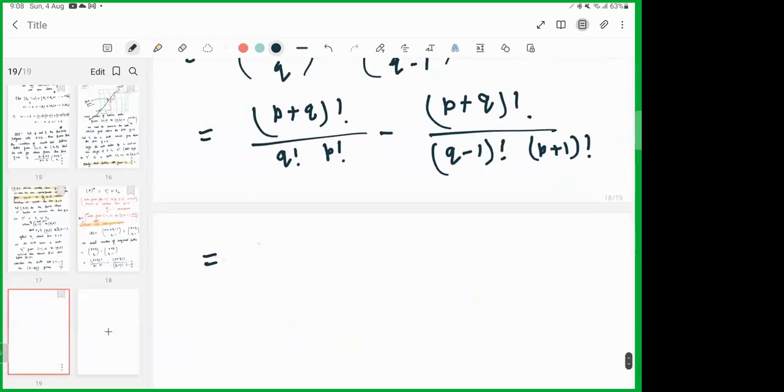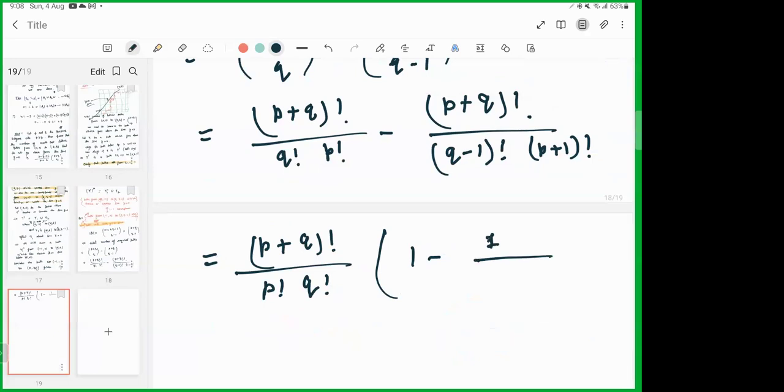Take P plus Q factorial outside, denominator P factorial by Q factorial, and this is 1 minus Q upon P plus 1.